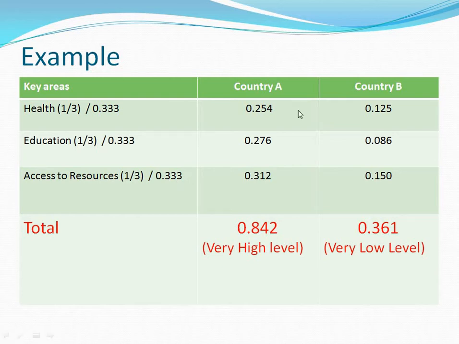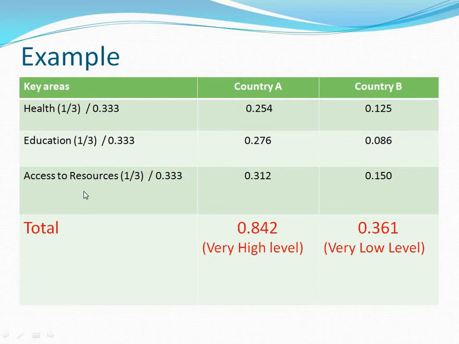Now, country A got 0.254 marks out of 0.333 in the health area. Country B got 0.125. In the area of education, country A got 0.276, country B got 0.086.